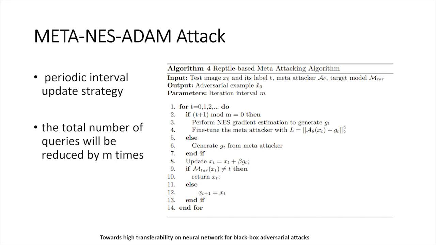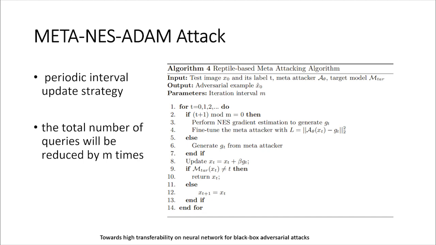To estimate the gradient information effectively, we introduce the periodic interval update strategy to realize the gradient learning and the mapping of the meta model, as shown in algorithm 4. We use the meta attacker to generate gradient information after carrying out the adaptive process to match the target model.